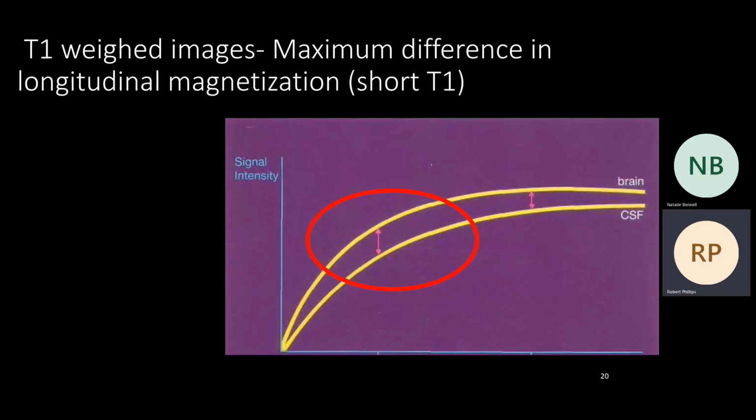Generally, longitudinal relaxation is high at the initial stage as compared to the late stage. This is time, this is signal intensity. So if the computer takes the image from this stage, it will be T1 weighted. It will be strong T1.